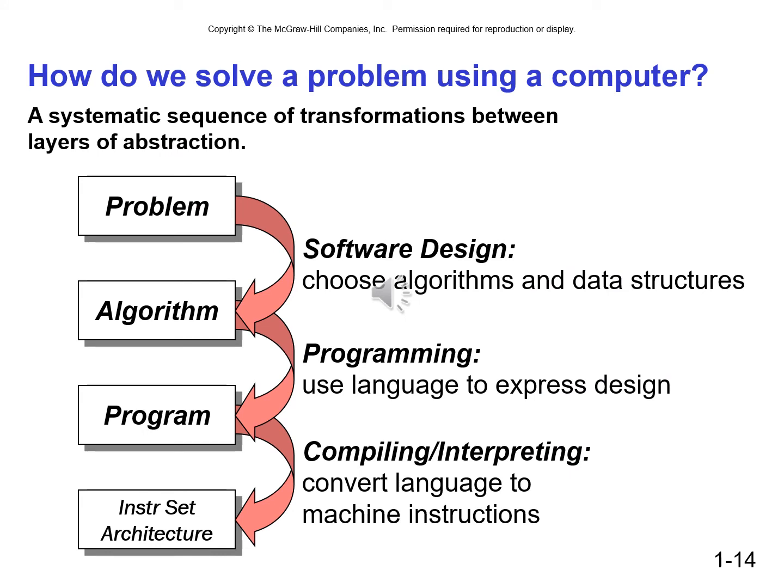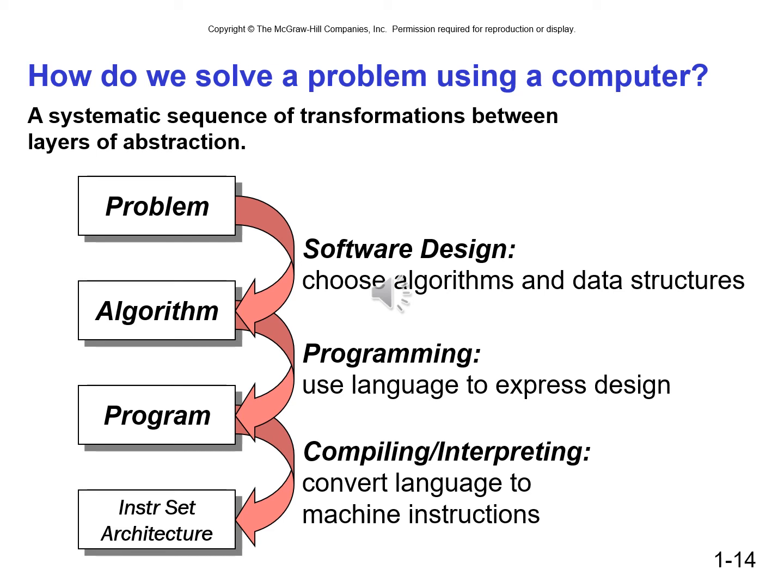If you had me for the prerequisite course, you should remember the term top-down design, also referred to as stepwise refinement, and it's how we solve a problem using a computer, which becomes a systematic sequence of transformation between layers of abstraction.